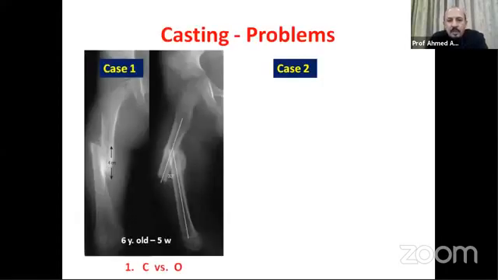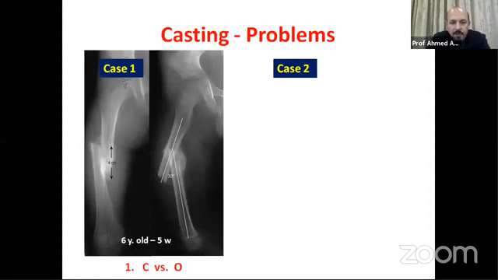I want to start by taking your voting. We have here about 70 attendees. I want your voting on this X-ray. This 6-year-old child presented 5 weeks post-fracture with healing fracture mid-femur with shortening of 4 centimeters and anterior angulation of 33 degrees.